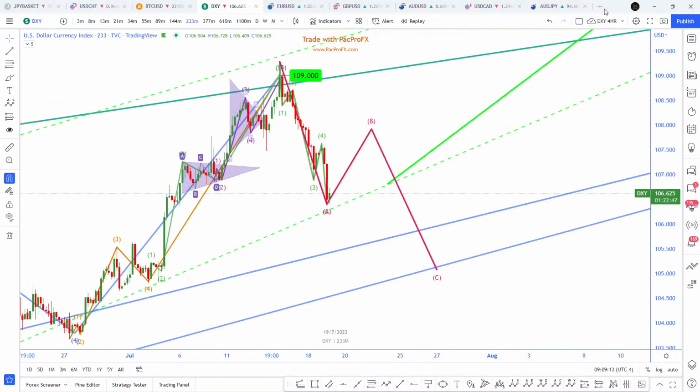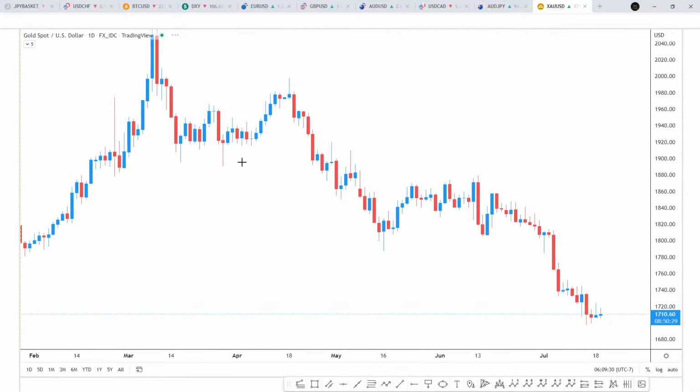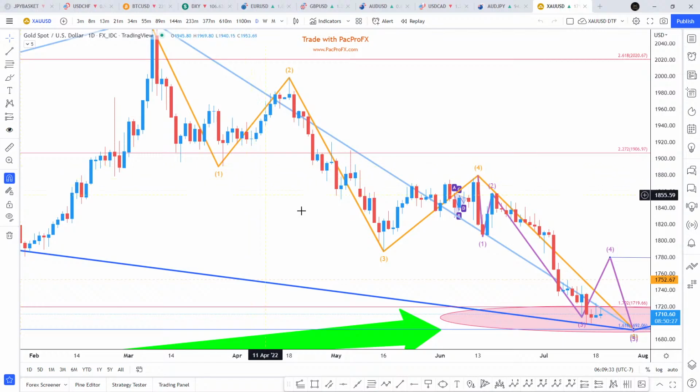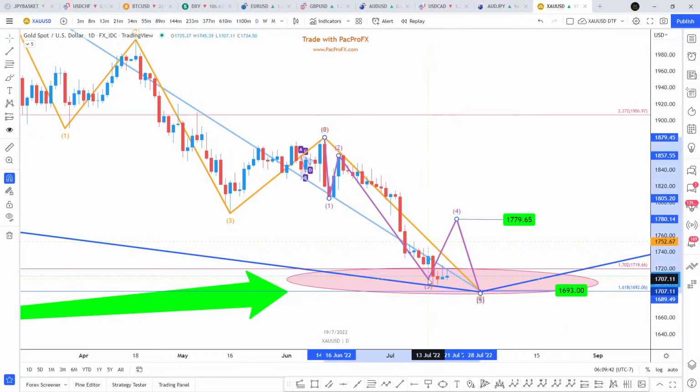All right. So now that we know where Dixie's going, let's analyze gold. Absolutely. Let's look at a daily on gold first. And looks like we are hitting our wave 3. Sorry, wave 3.